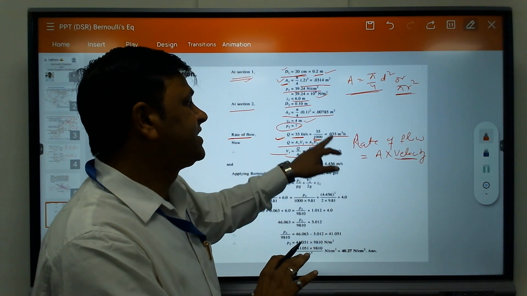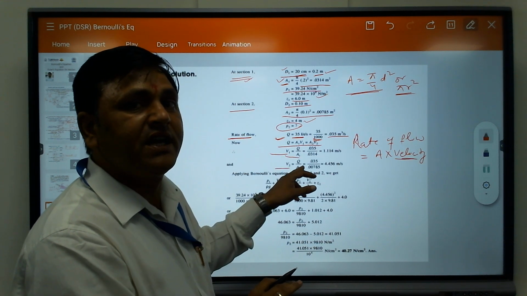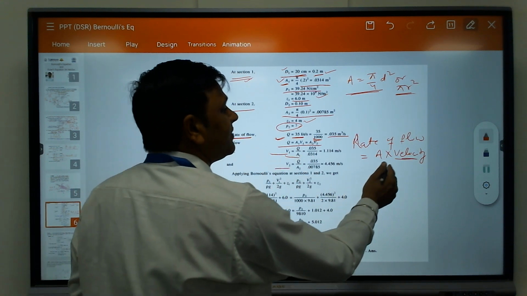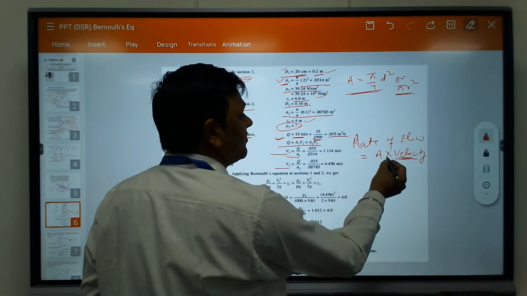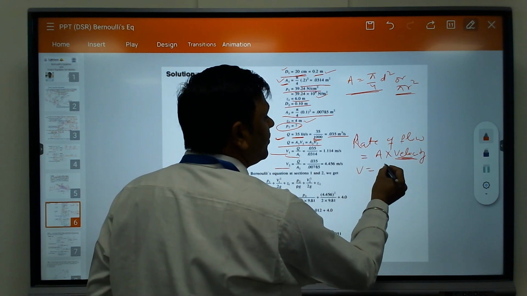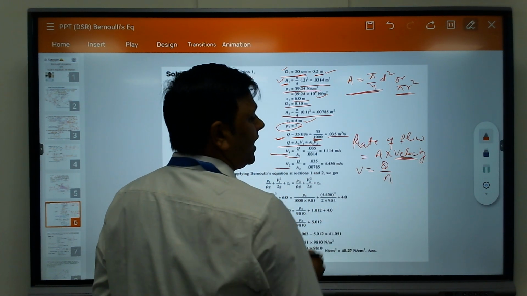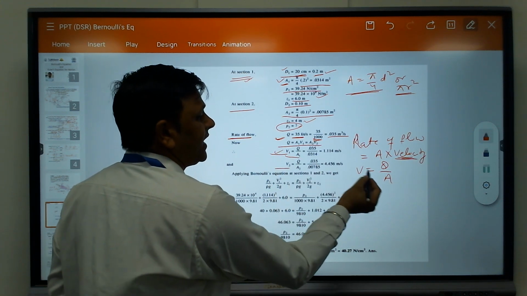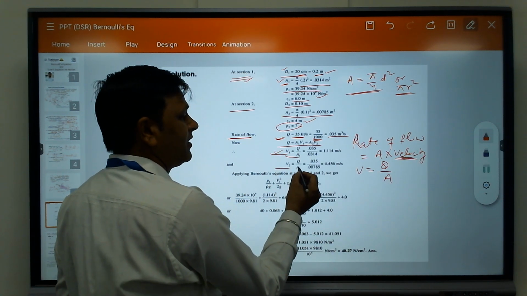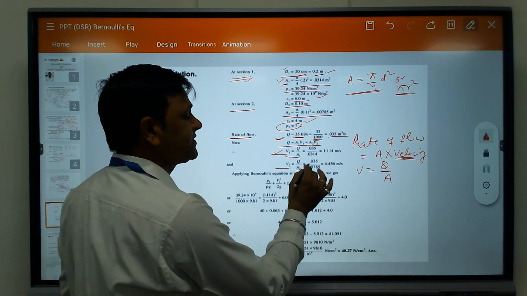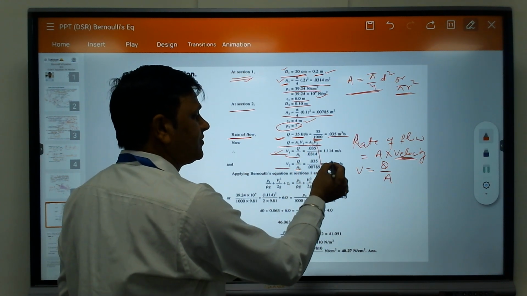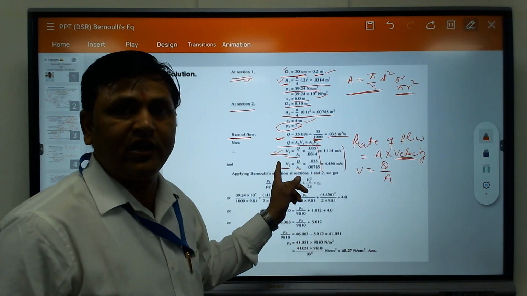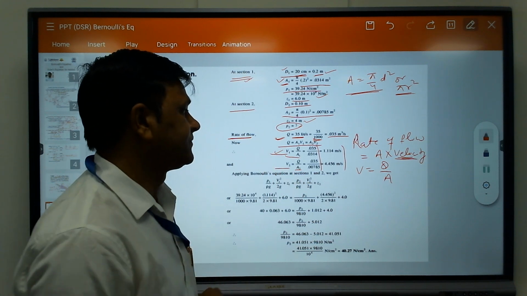Therefore, using this formula, firstly we will calculate the velocity. Velocity is equal to Q by A. For first section, Q by area A1. For section 2, area A2. After these values, we will get the value of V1 and V2.